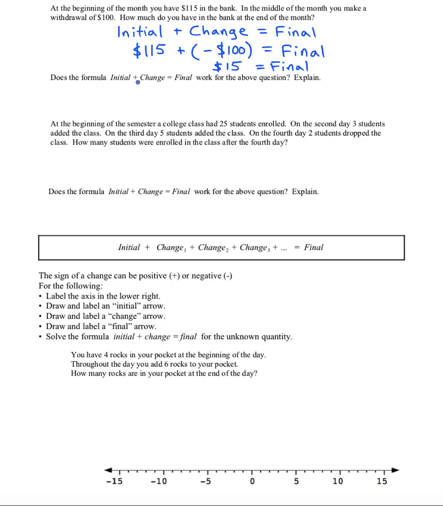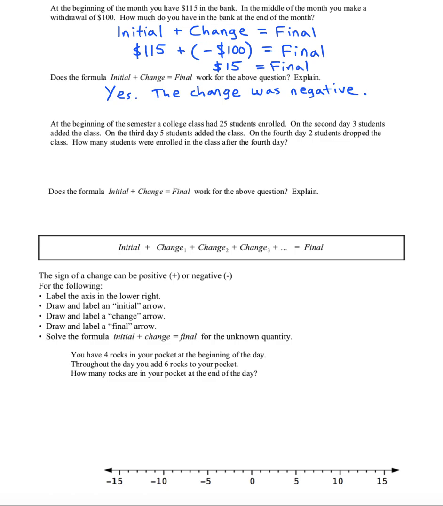So did the formula initial plus change equals final work? Yes. The change was negative. And as we'll see in this section, it's actually really important to keep track of the signs of the quantities. They make a big difference to the problems.